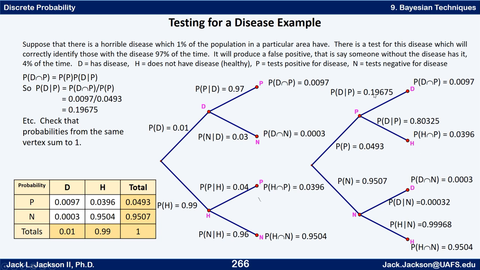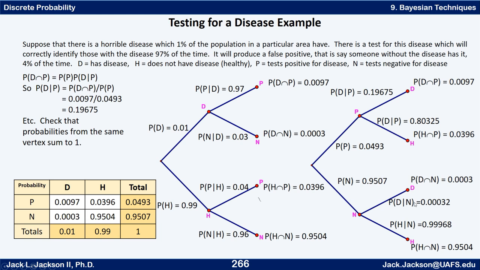These may be rounded off to like 5 decimal places. Some of these may not be exact on the divisions, but at least approximately these are the right values. Again, you can take the 0.0396 divided by the 0.0493 to get the 0.80325, and similarly the 0.00003 divided by the 0.9507 is 0.00032, and the 0.9504 divided by the 0.9507 is 0.99968.